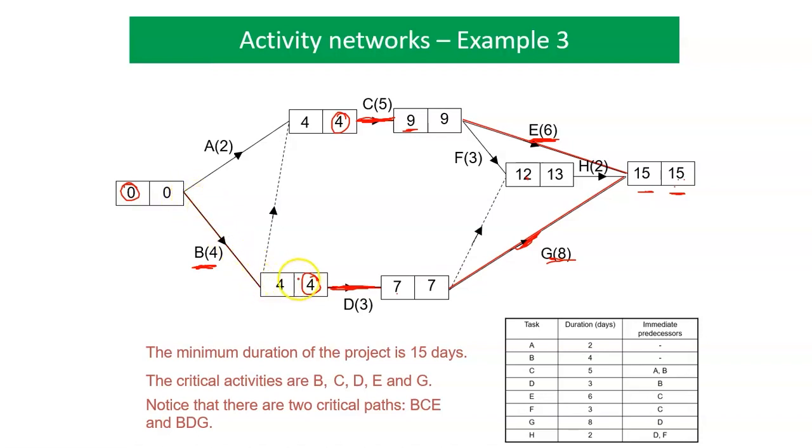The critical path, you'll notice I can run through from the start to the finish, and those 3 tasks have got to happen on time, or else this job will be delayed. So there is a critical path. And the other one is using the dummy activity up there and then across the top. So from B to C to E is also a critical activity and a critical path, sorry.